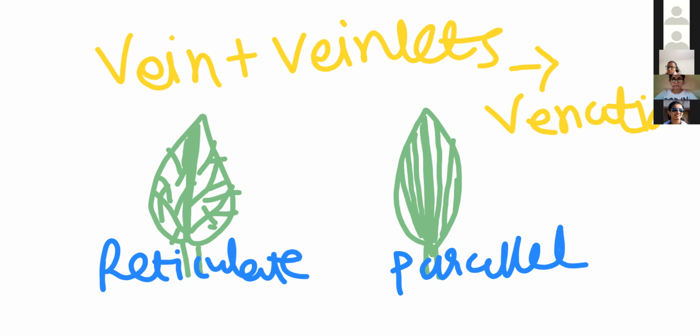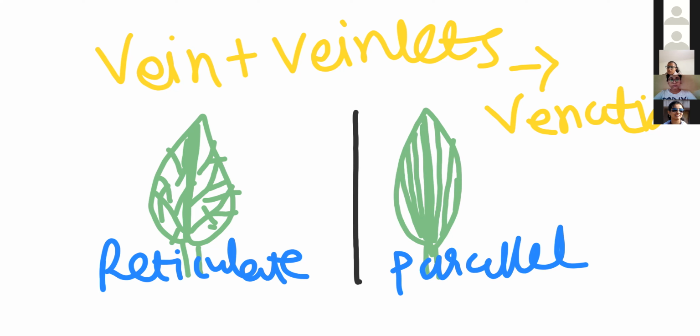Two types of venation are there. Reticulate venation has a network-like arrangement; in parallel, all veins are arranged parallel to each other.